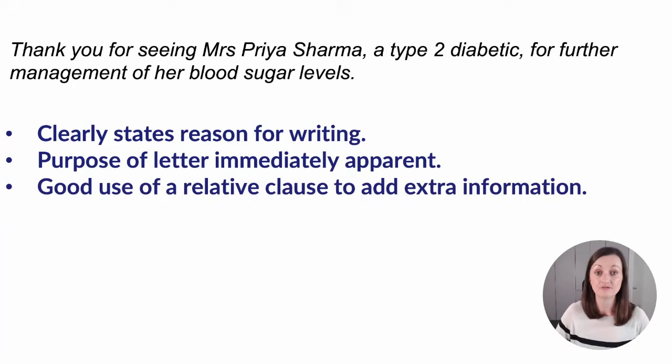They've also used a relative clause, which is a really useful grammatical structure that you can use in that opening paragraph because it adds extra information. In this case, we've added the information that the patient is a type 2 diabetic in a nice, clear and concise relative clause.